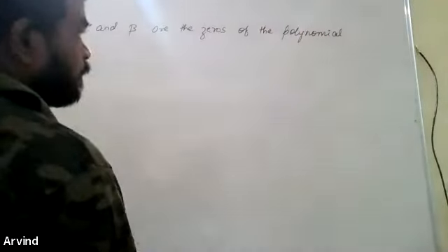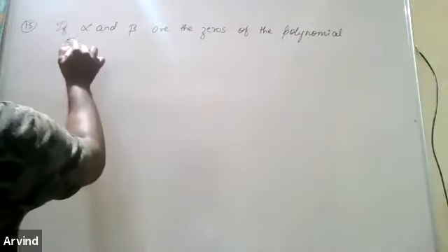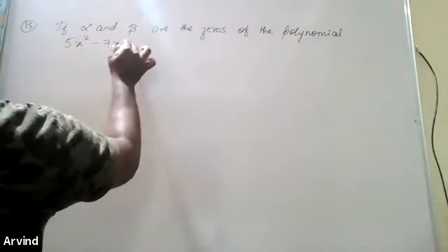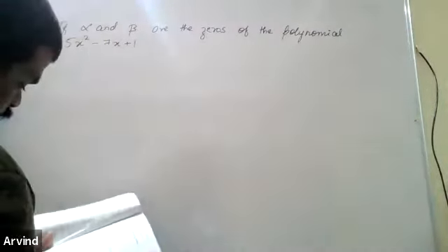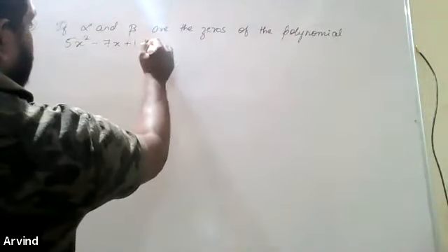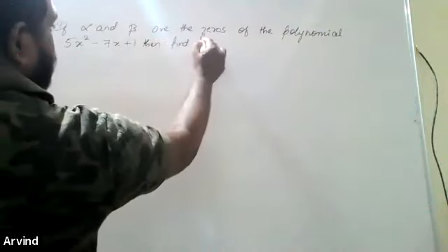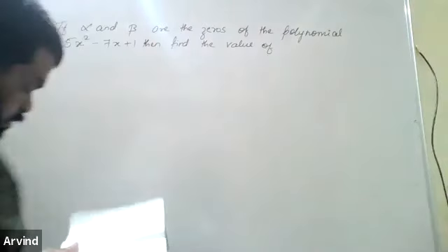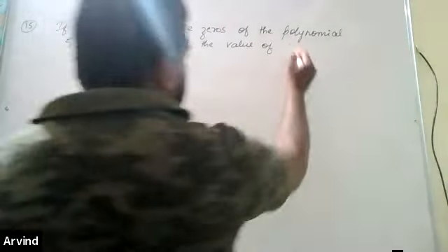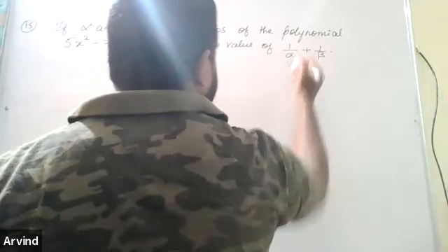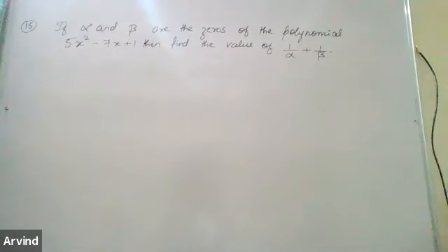If alpha and beta are the zeros of the polynomial 5x square minus 7x plus 1, then find the value of 1 by alpha plus 1 by beta. Okay, take down this question, I'll explain it.